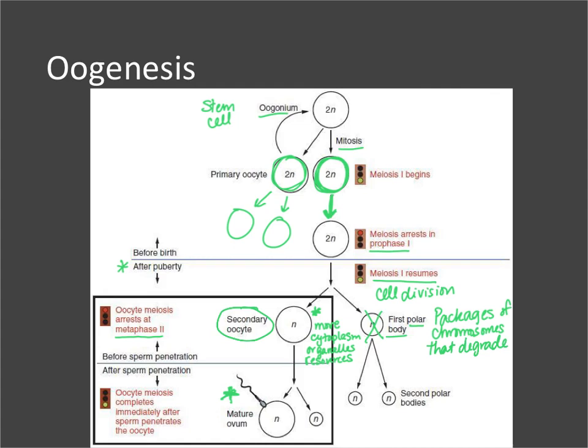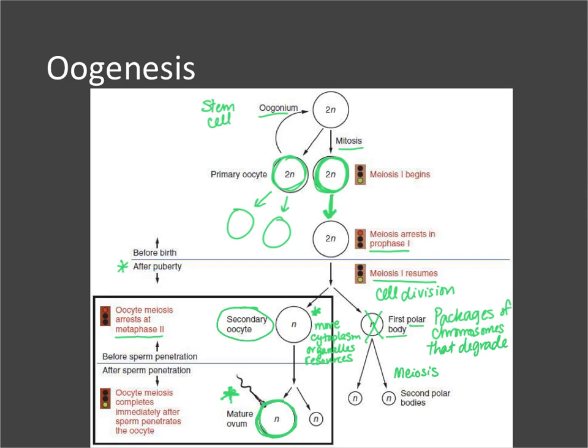Now, if that secondary oocyte gets fertilized, it basically induces that mature ovum to then go through the second round of meiosis. And so meiosis 2 would happen down here. And once again, the division of resources is not equal here. So we end up with one really big mature ovum that has all of those resources.